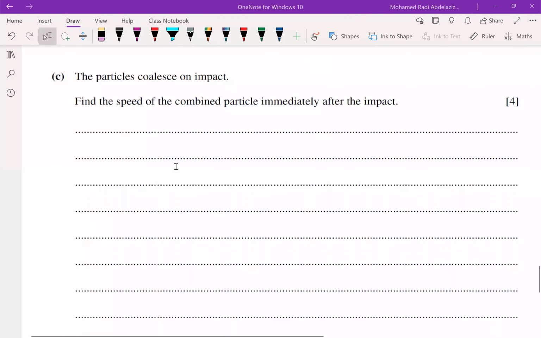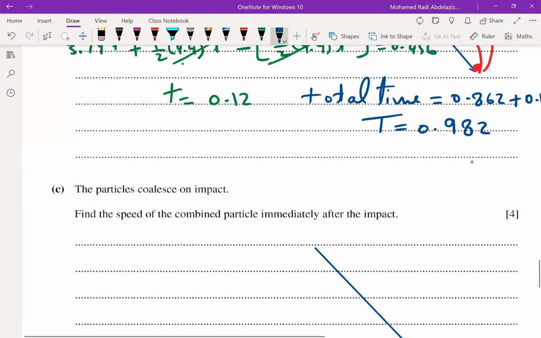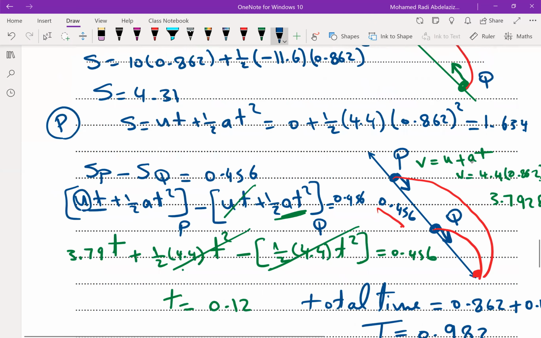Part C, the particles coalesce on impact. Find the speed of the combined particles immediately after the impact. Now, we'll start from part B first. Particle P and particle Q, after collide at this point, we'll find first the final velocity for this part.